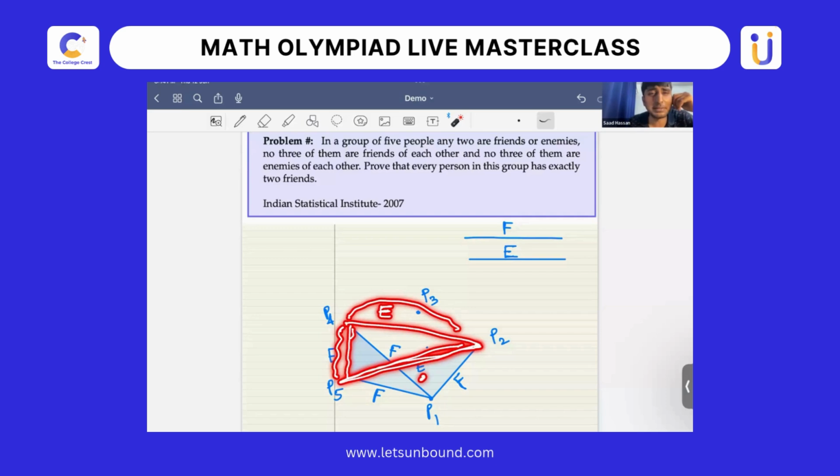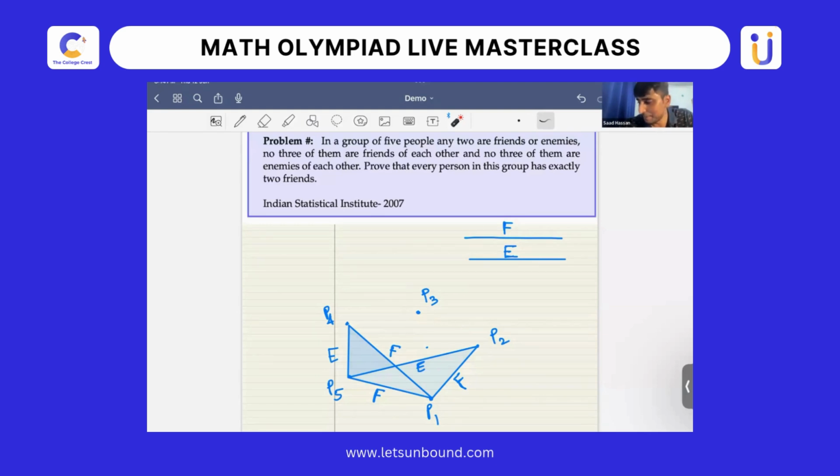P2 and P4 are enemies, which is again a contradiction because we have been told that no three people can be enemies. So this tells you that indeed P2 can't have three friends. And I'll leave it to you to figure out how P2 can't have four friends.